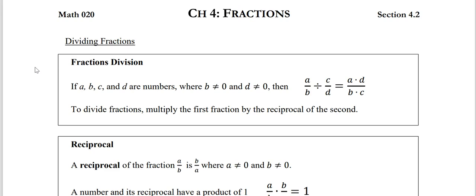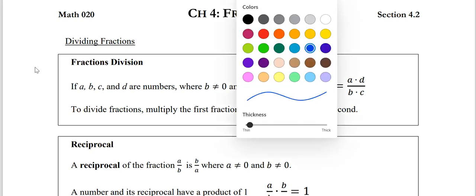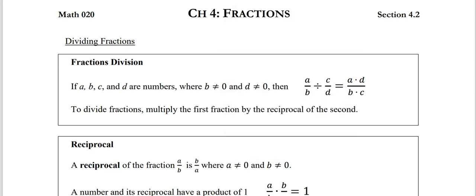to divide fractions. Our rule for fraction division says that if you have two fractions, a over b, and you're going to divide it by the second fraction, c over d, you are going to change the problem into multiplication, and you're going to multiply the first fraction by the reciprocal of the second.